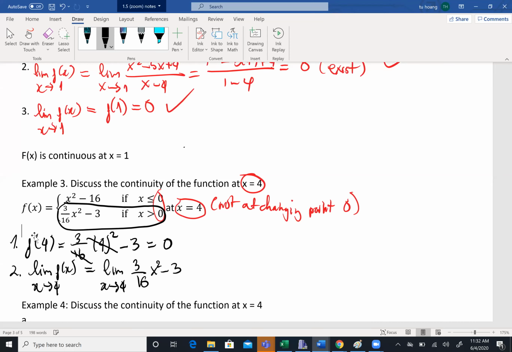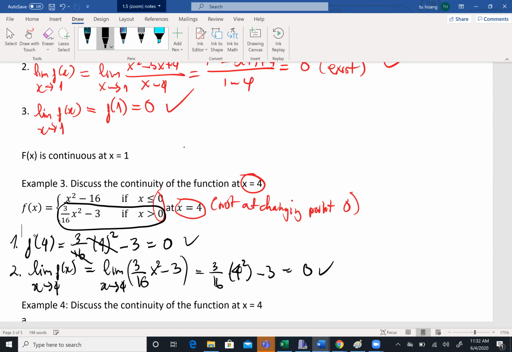Remember that at 4, x is not at the changing point, so you just apply the second part in this case. So it's just a direct substitution. You get 3/16 times 4 squared minus 3, and you still get 0 again.